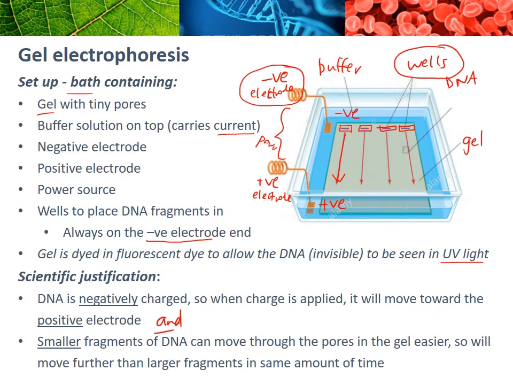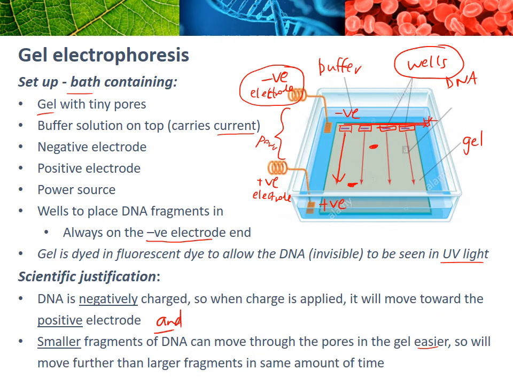You need to know both of these in terms of the theory. Smaller bits of DNA will move easier and faster. So if we put a bunch of DNA up here and they're all different sizes and we turn on a charge, they will all move, but smaller pieces will move faster than bigger pieces.